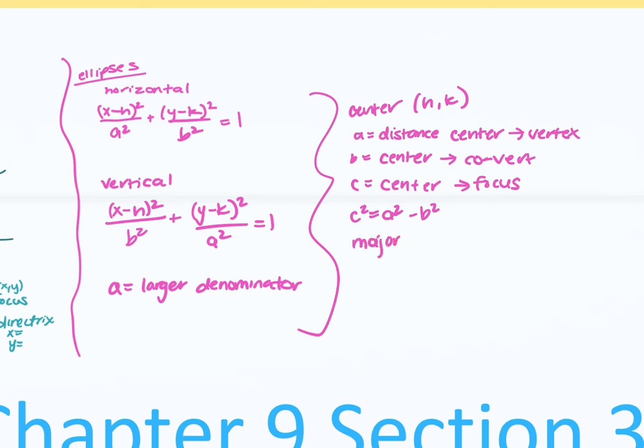Major axis is 2a, minor axis is 2b, and eccentricity is c over a. Closer to 0, the more rounded; closer to 1, the more flattened out. We're going to do that again before your test. The more times you write it out, the better it sinks in.